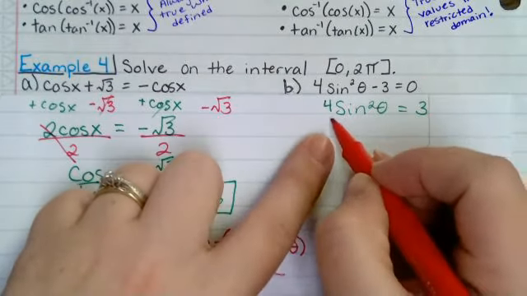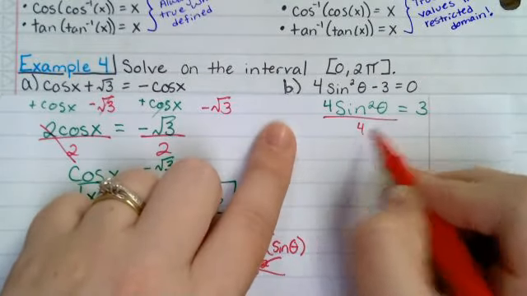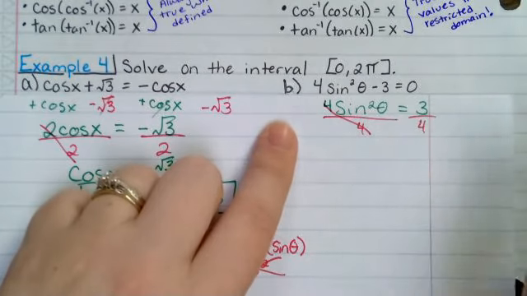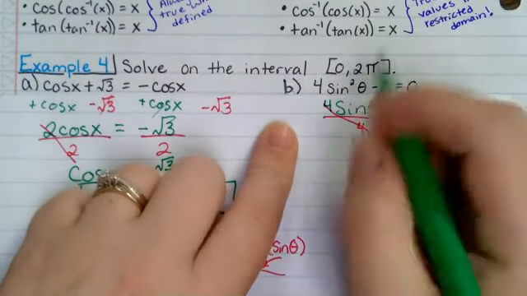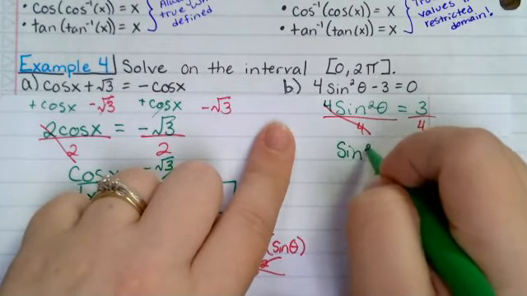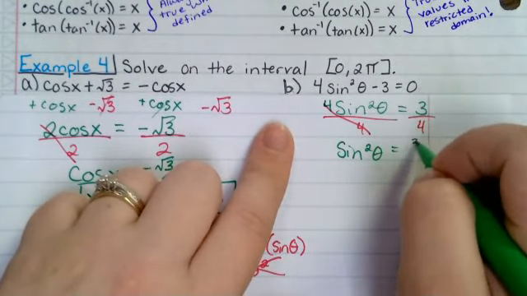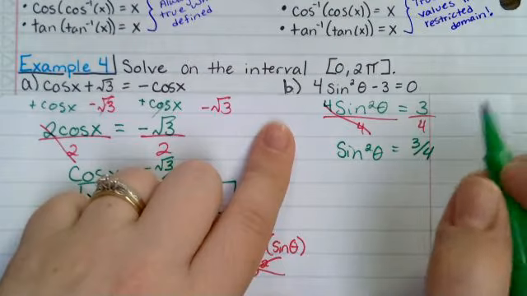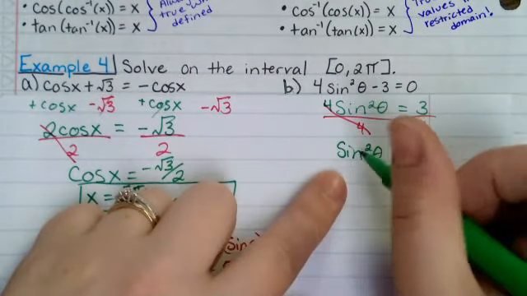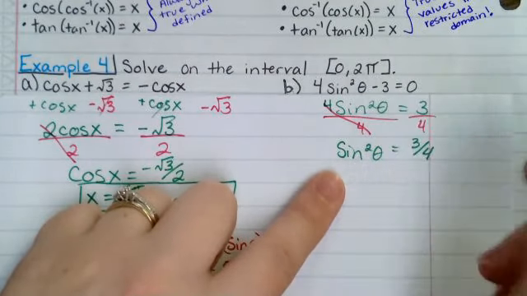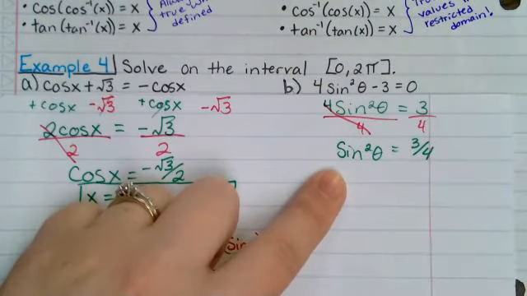So I've got 4 times sine squared theta, so I'm going to divide by 4 so that that's gone. So really we have sine squared theta equals 3/4, and then you're going to solve from there. This is being squared, just like we've always done. If you had an x squared, you would square root both sides.